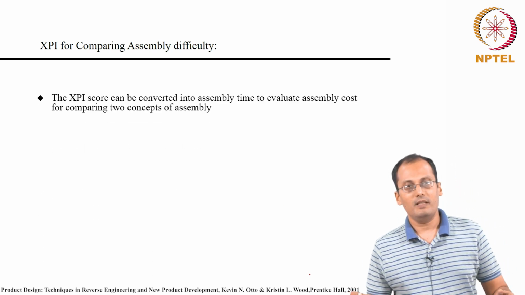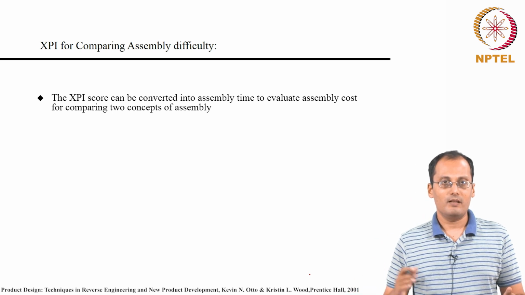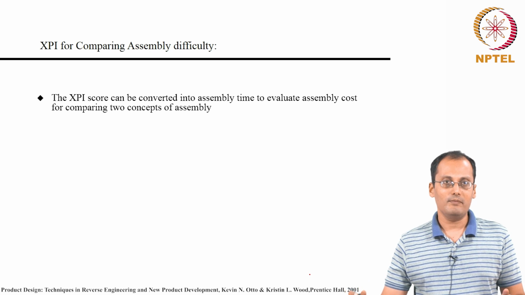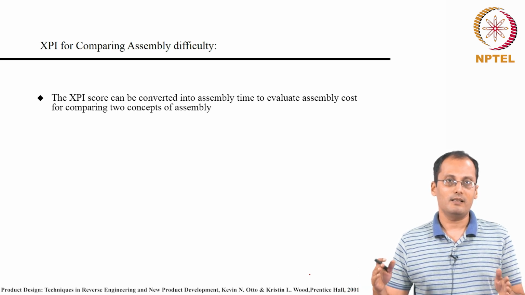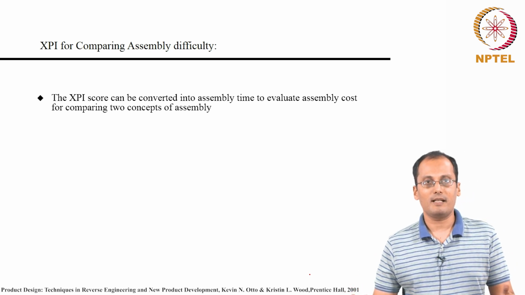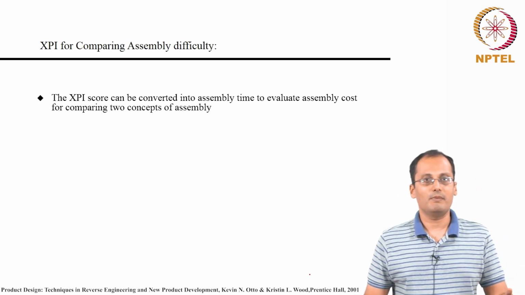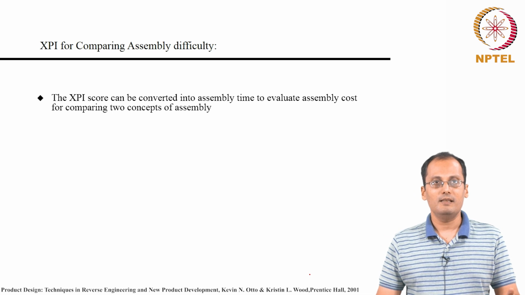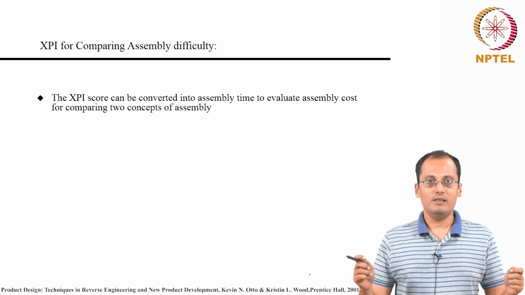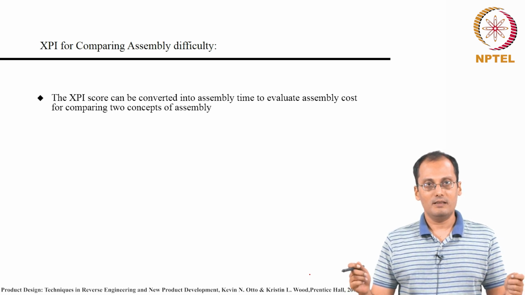So, we can do an assembly operation and find the time and benchmark that and use that as the standard time. We compute the assembly difficulty for this method, that is the XPI indicator, and we take these two as the numbers and do a mapping.